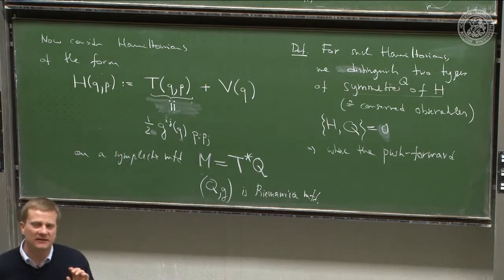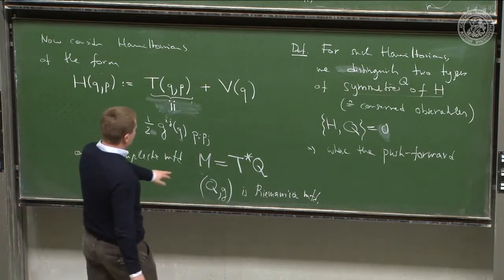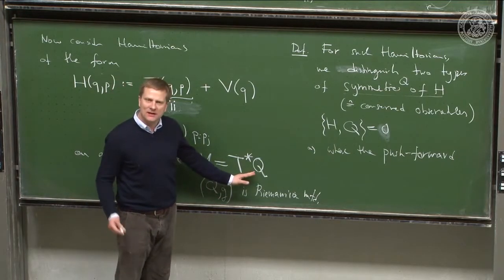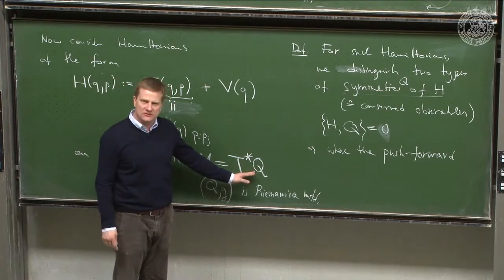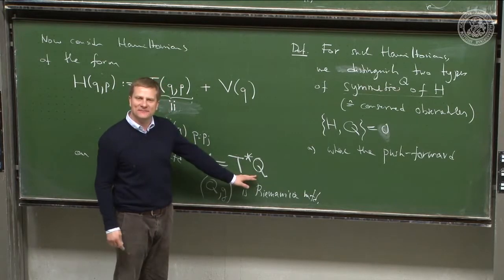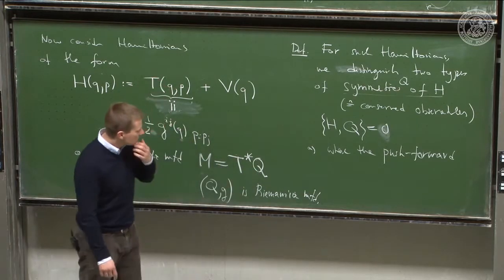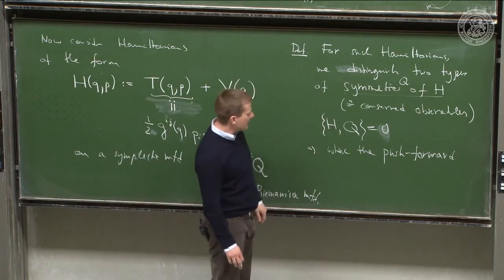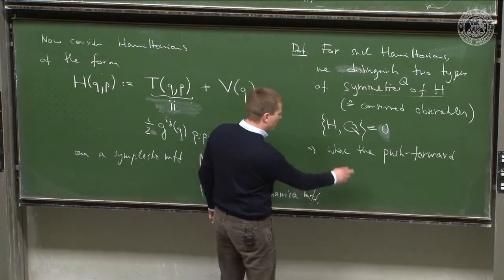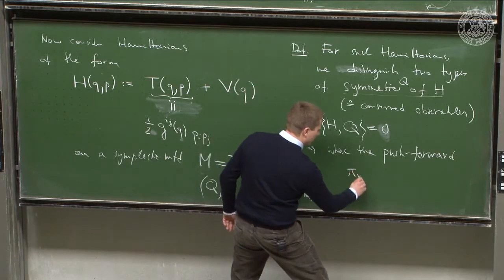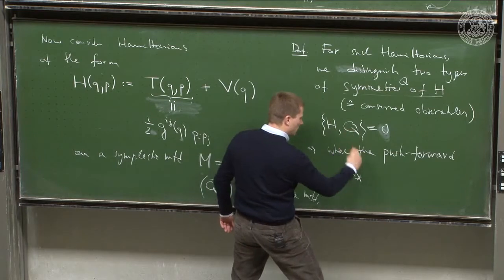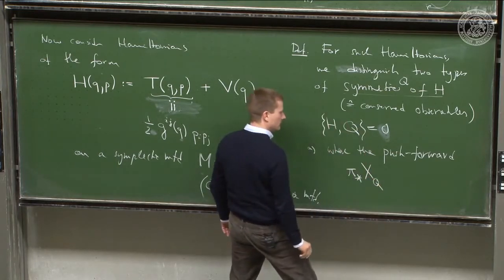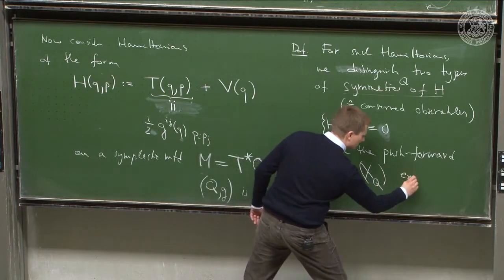So this is the special case, and obviously that is how you arise here if you come from Lagrangian mechanics, which happens on the tangent bundle, and then you do a Legendre transformation. We had this on the problem sheet. Now, we distinguish two types of symmetries. The symmetry type A is where the push forward of the Hamiltonian vector field X associated with the symmetry exists.